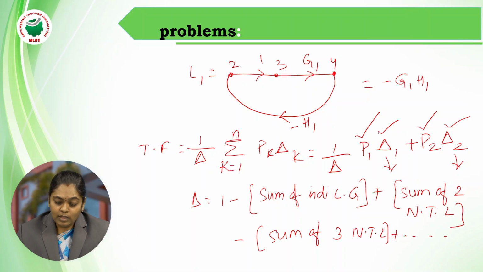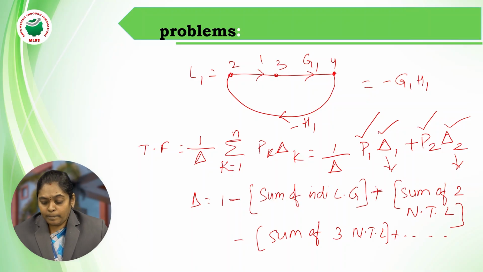That is alternate signs. First is minus, first you write the individual loop gains. Second is plus, the sum of two non-touching loops. The symbols alternate, minus plus minus plus, and you increase the loop count: first is individual, second is two non-touching, third is three non-touching.